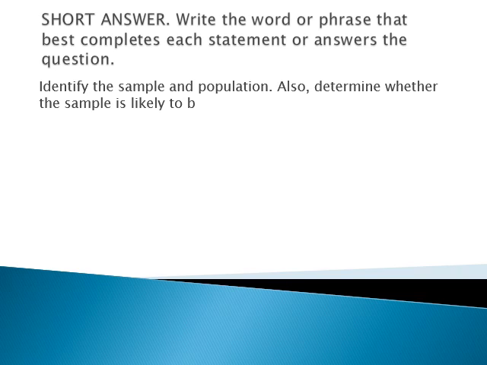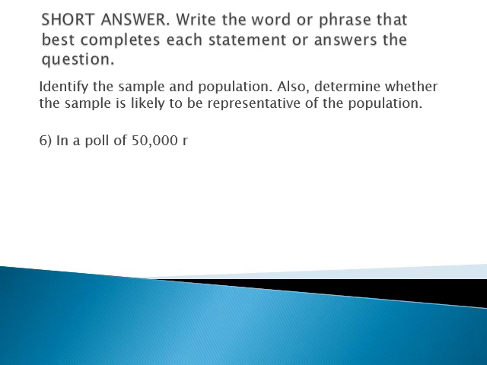As we already discussed before, a sample is the sub-collection of members from the population, and the population is the one that represents the whole thing, the whole set of elements. So here you have to identify whether the question asked is about a population or a sample.